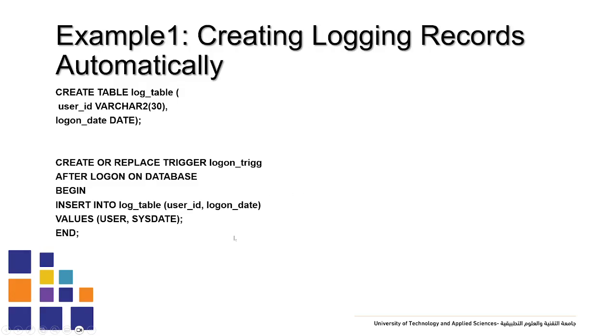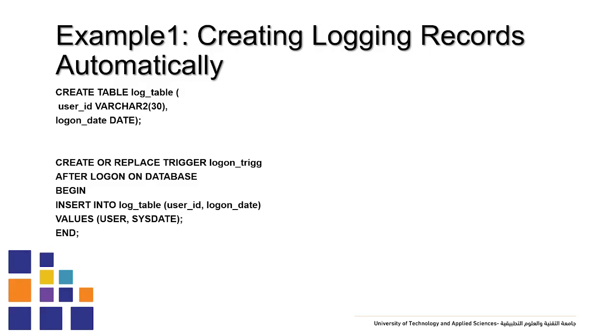So you see, if we execute this using Oracle Application Express, or one of our activities, the trigger event occurs every time a user successfully logs in to the database, and the trigger fires.